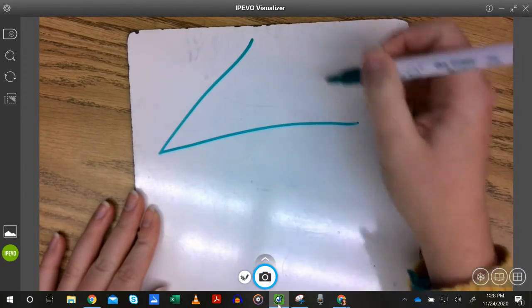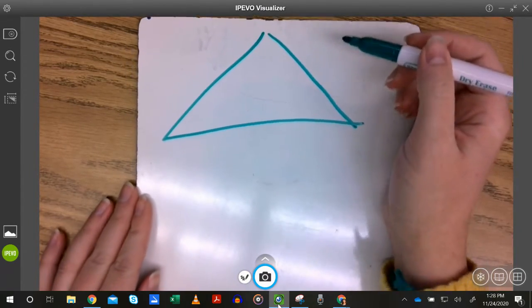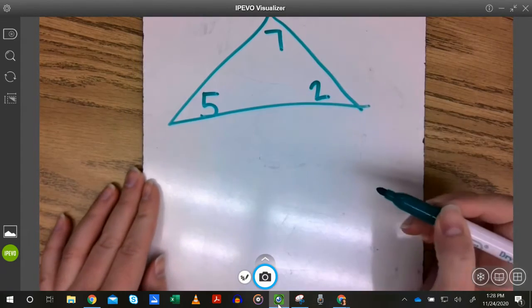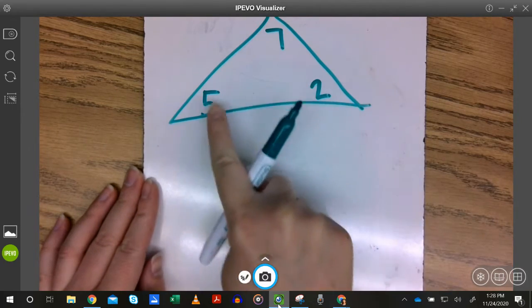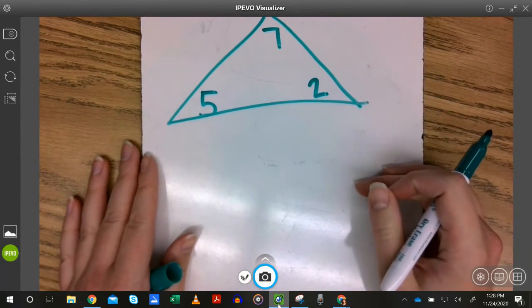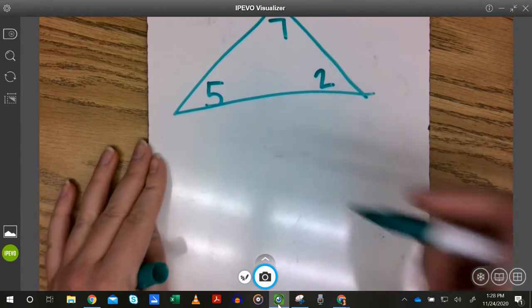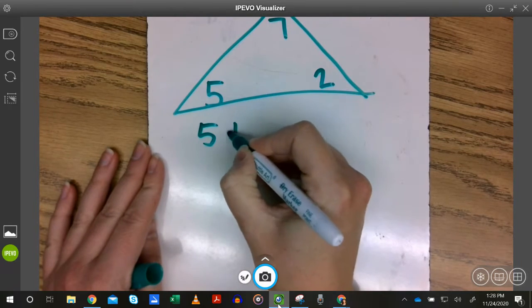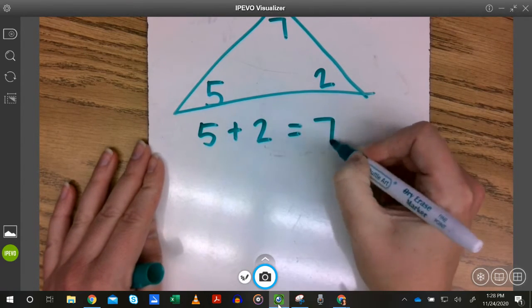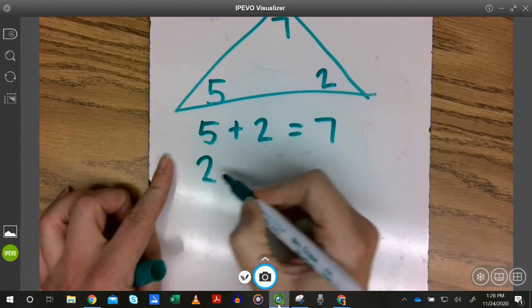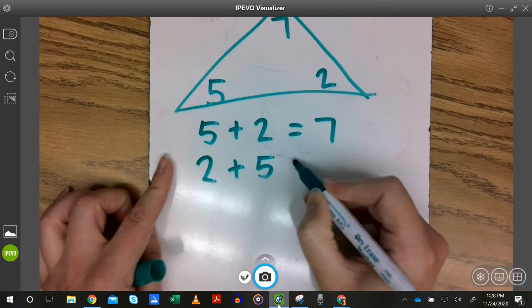So remember that if we have a fact family, and it's maybe the 7 family and its members are 5 and 2, then I can use these 3 numbers and only these 3 numbers to write 4 math facts, 2 addition and 2 subtraction. So I can do 5 plus 2 equals 7. And because I can add in any order, I can also say 2 plus 5 equals 7.